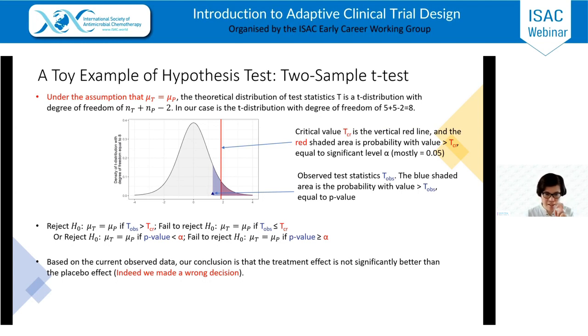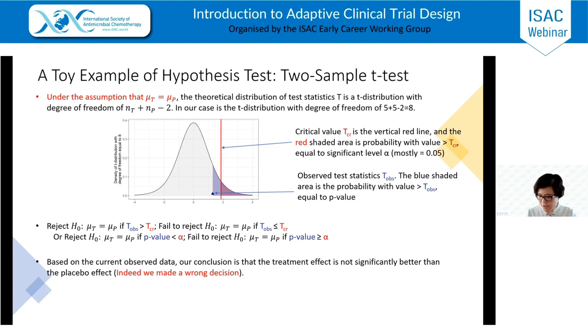So this is the idea of doing the test. Unfortunately, based on this one trial, we don't have strong evidence to reject our null hypothesis, meaning we don't have strong evidence that the treatment effect is better than the placebo.